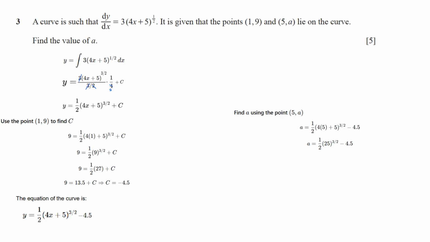A is equal to half times 25 power 3 over 2 minus 4.5, which is equal to half times 125 minus 4.5. Half times 125 is 62.5 minus 4.5, which gives 58. So the value of A is 58.